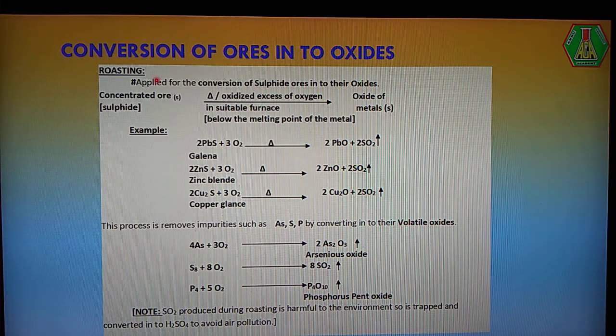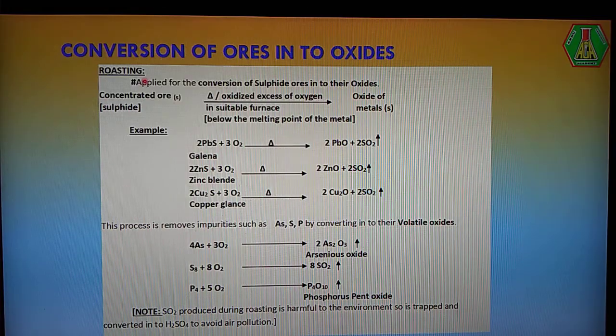We all know our concentrated ore is a solid substance. Each and every solid substance has a melting point. Before the melting point of a solid substance, we are maintaining the temperature, isn't it? Now the process is called roasting. So roasting is done before the melting point of each and every concentrated ore.